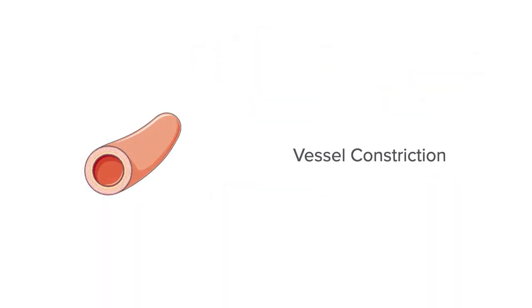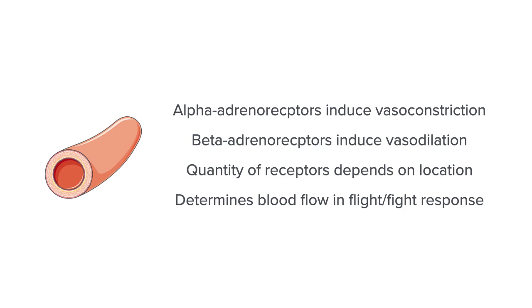And here, use of beta blockers causes vessel constriction. Now, this may seem a bit counterintuitive. We generally think of adrenaline as causing vasoconstriction, so why does antagonism of adrenoreceptors do the same thing? And that all comes down to how our body regulates blood flow in a fight or flight response. Alpha adrenoreceptors will induce a vasoconstriction, but beta adrenoreceptors will cause a vasodilation.